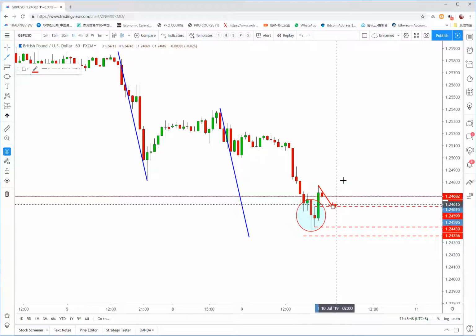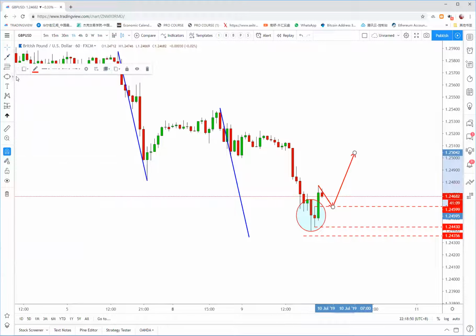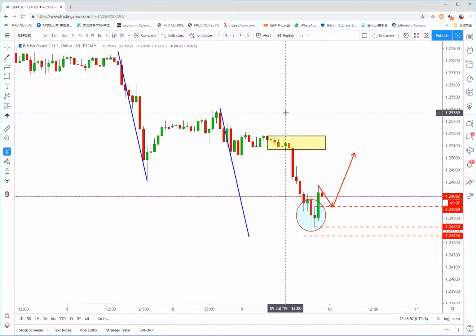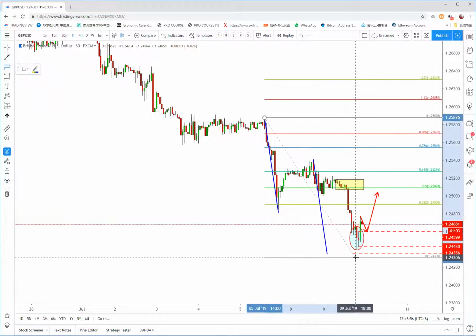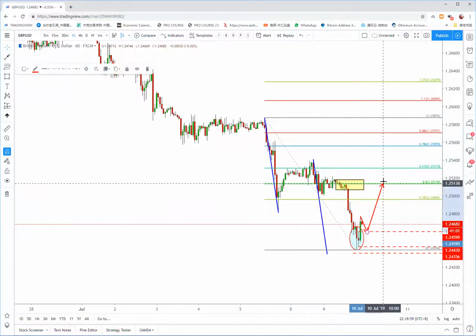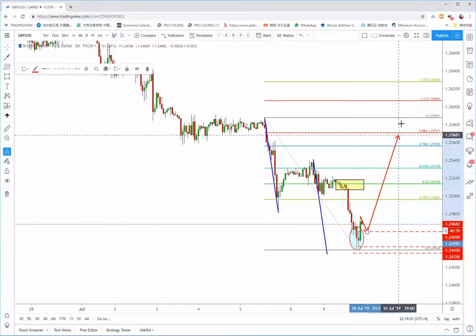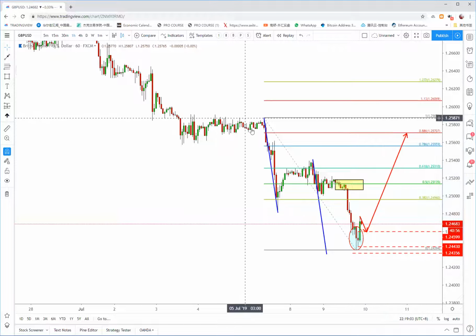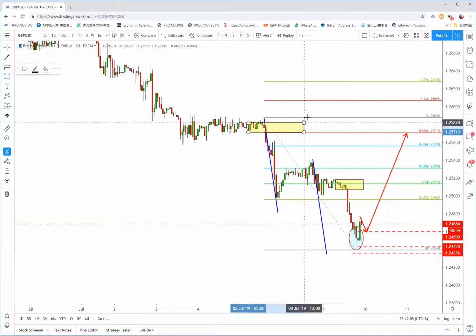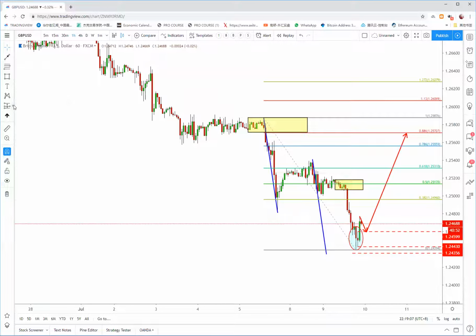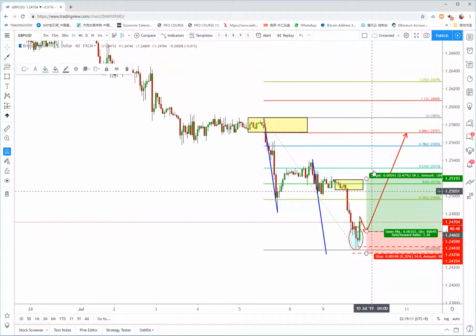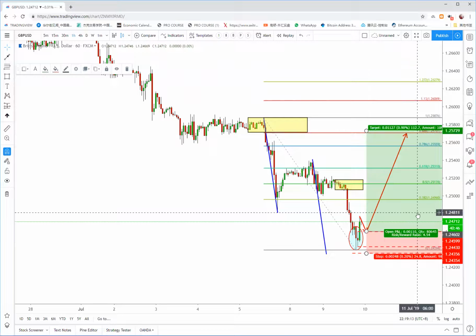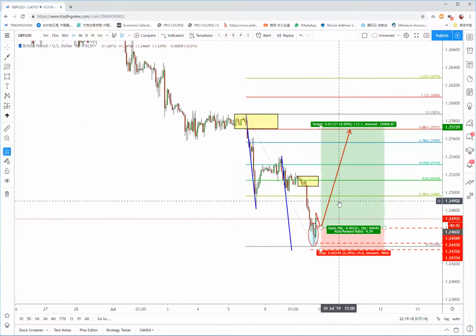We are ready to target at least this broken structure, and from the ABCD move, we may even see the price go to 618 as well, or maybe more, to the 86, which is the previous structure. If you measure the risk reward ratio here, it's good to long sterling because it will give you a 1 to 4.54 reward and risk ratio.